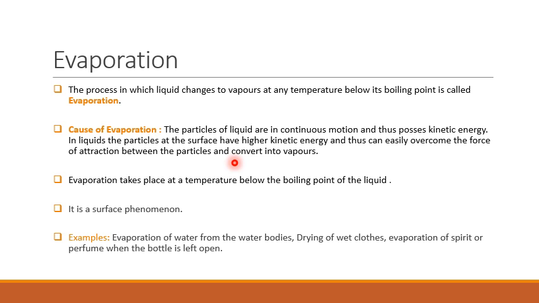So in this way, the particles on the surface of liquid, they get energy and then convert into water vapors without heating. So that is why evaporation takes place. So there are a few important points regarding evaporation, that evaporation takes place at a temperature below the boiling point of liquid. We need not heat the liquid to its boiling point to convert it into gas.